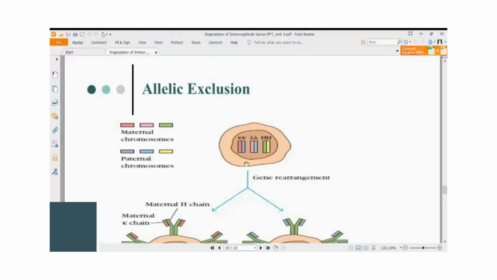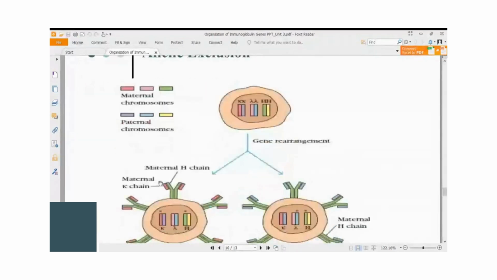Now, this is a pro-B cell, let us say. It has not yet put the receptor on its membrane. And this is the germline gene sequence or germline gene organization. Now, that pro-B cell undergoes proliferation to form the pre-B cell, and it will put up the first receptor on its surface, that mIgM receptor, let us say.